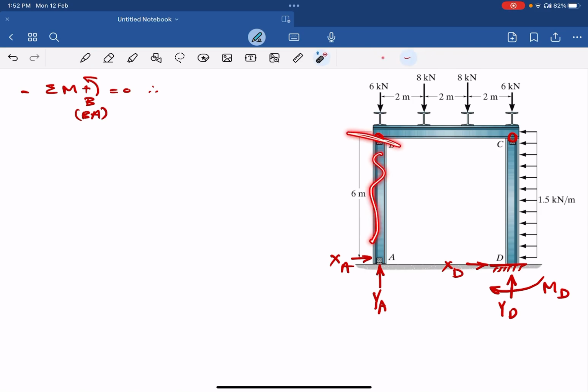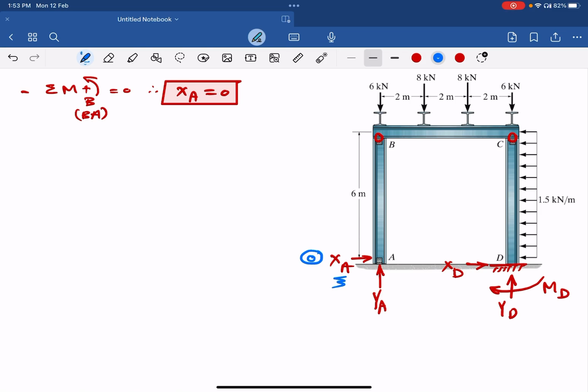So if you take a moment here from the bottom, XA times 6 equals 0. Therefore, XA equals 0. In this case, there is no force in X at A, so let's write it also: this is a 0 value, and we know that XA equals 0.